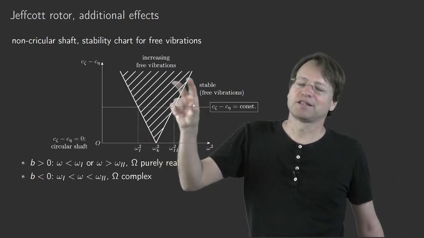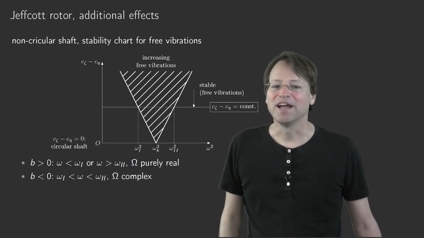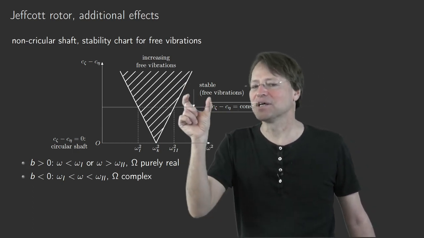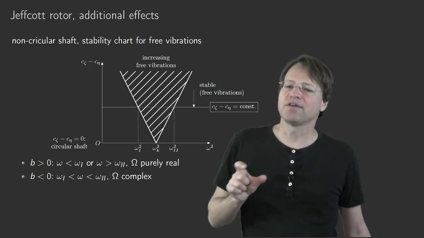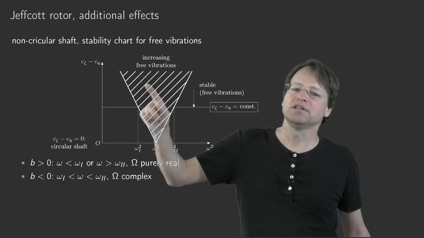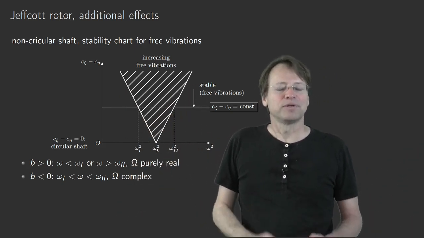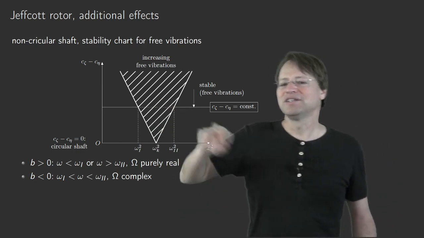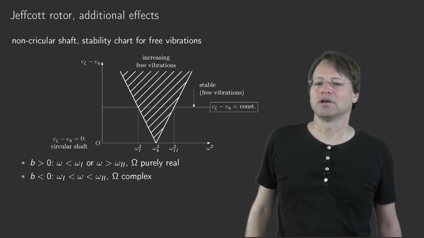In between is, I would call it the death zone, the critical range. And you see it's a whole range of values, an interval of values that you have to avoid. It's the range between these two critical speeds. But why should I want to operate my rotor between these two critical speeds? It makes no sense. That range usually is quite small.